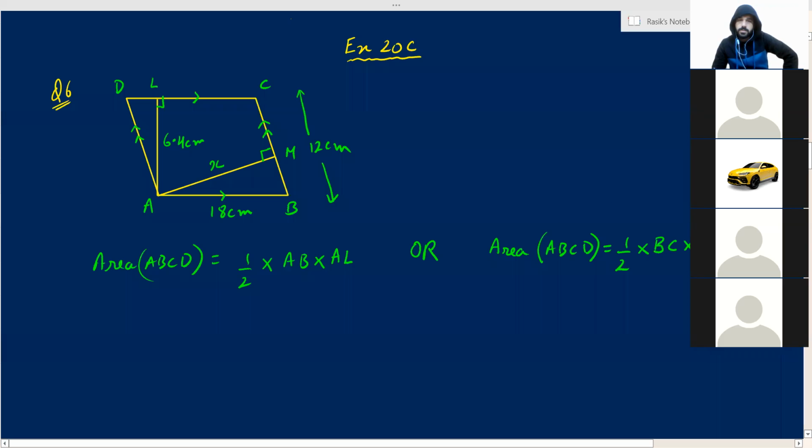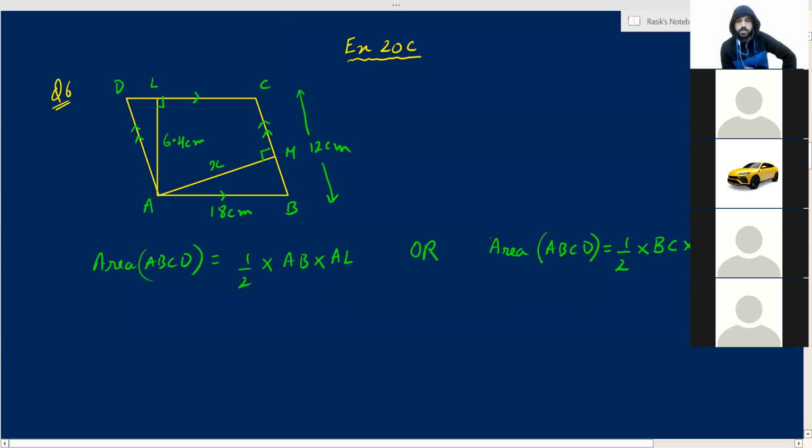Sir, AM. If BC is the base, AM will be the height of the parallelogram. Absolutely right. AM will be the height of the parallelogram if we take BC as the base. So both the things are giving you the area of parallelogram ABCD. Am I right or not?